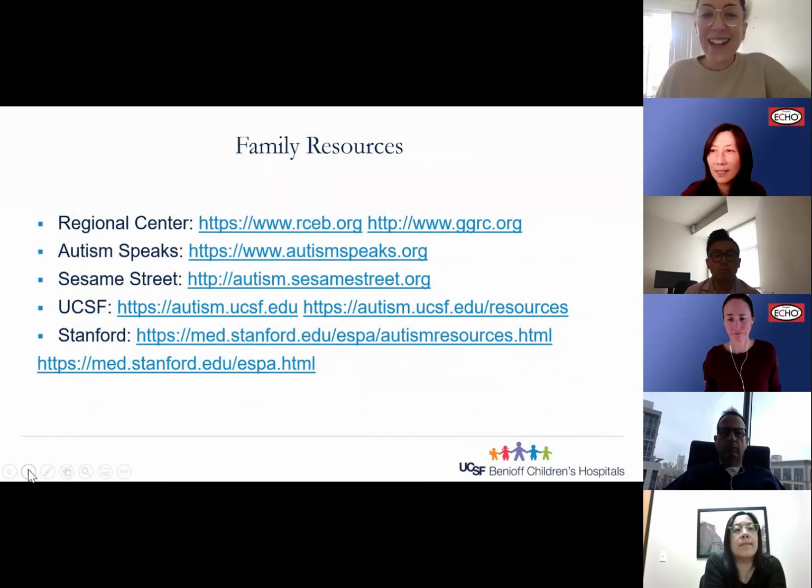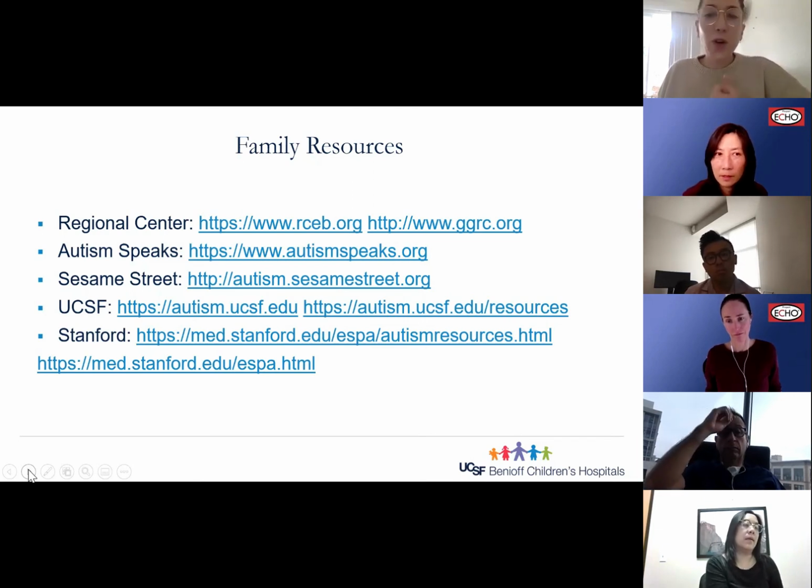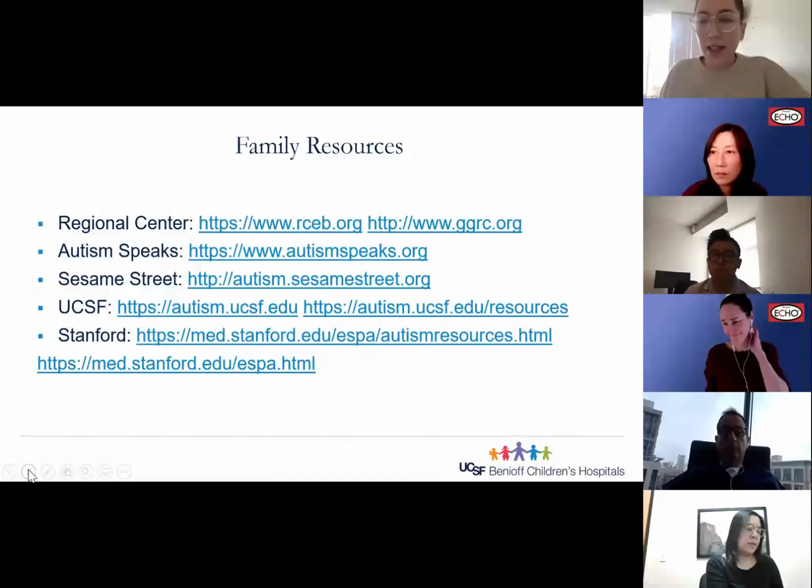Here are some resources that we'll send out after. Of course, the regional center. Autism Speaks has a lot of really helpful things, like using a visual schedule, and resources for how to get your child prepped for a medical visit or a blood draw. Lots of different helpful resources on there.